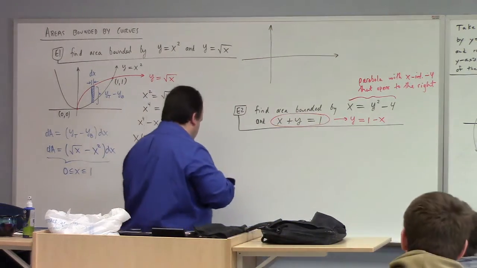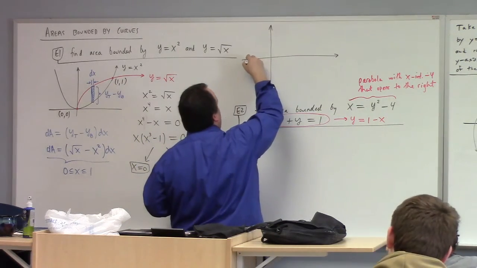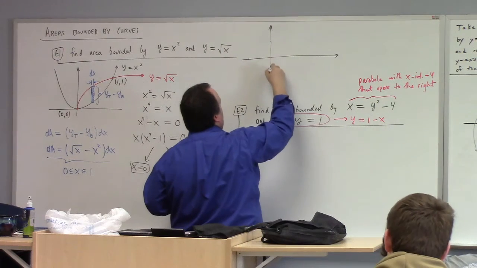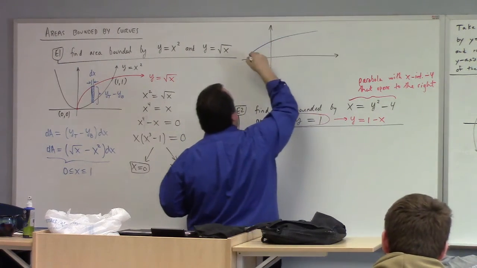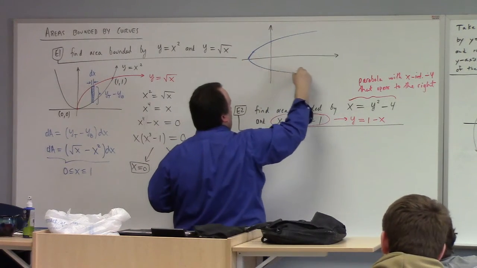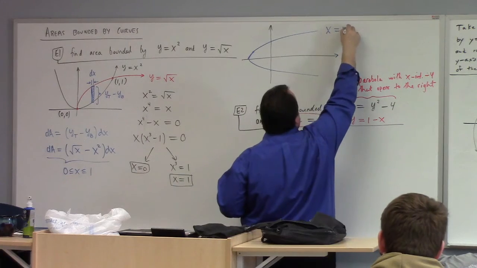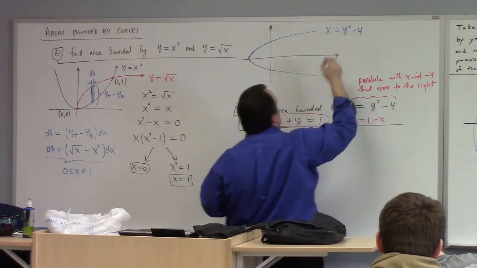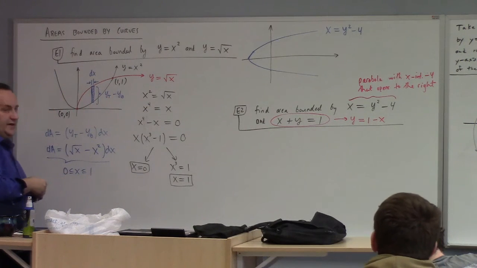So we've got a parabola that opens rightward, y-intercept minus 4. Right, there's my y, x equals y squared minus 4, all right? And then I've also got y equals 1 minus x.